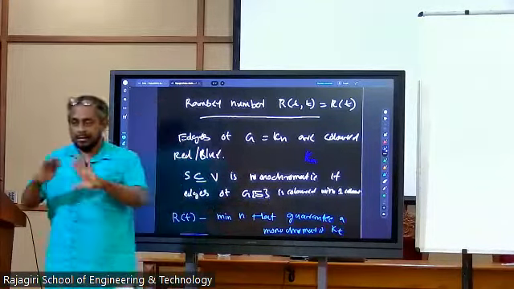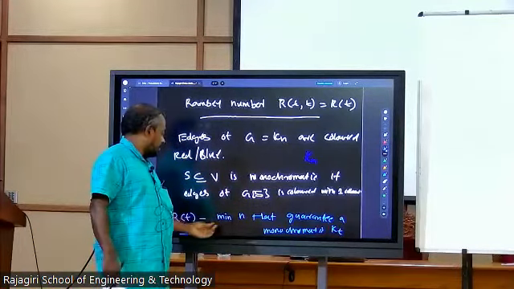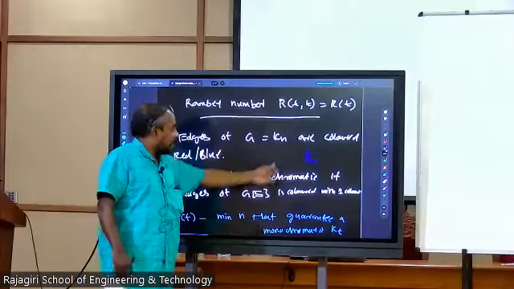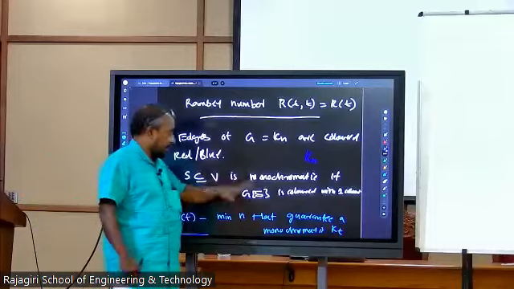Only one color is there in the edges. So the Ramsey number is basically the smallest number that will guarantee that this will be the case.